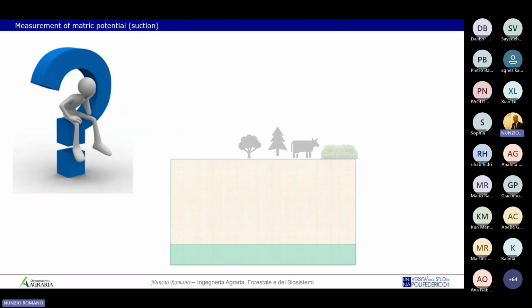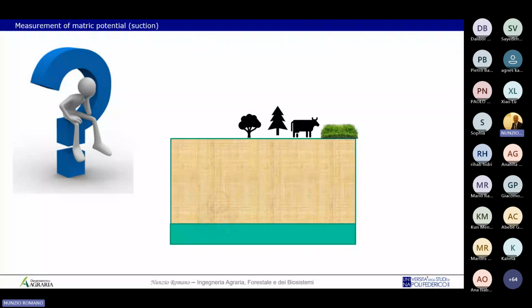But now the question is, what happens? How can we measure the pressure potential that we have called the matrix potential of water in the soil? So we can do a very simple exercise.